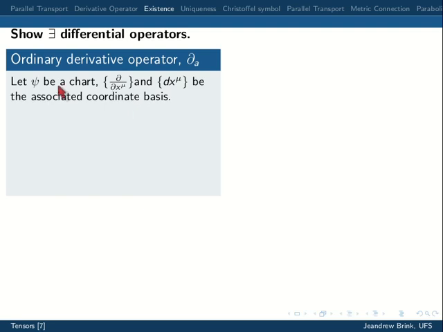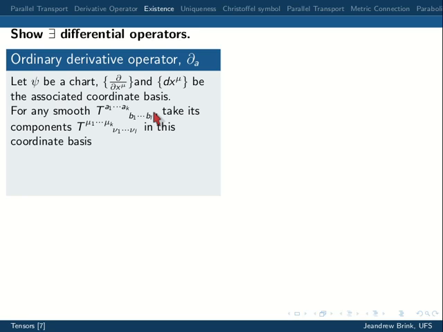Okay, so we have our chart, we have our associated coordinate basis, and if we have any smooth tensor, we're going to say, let me make another set of tensors, and the way I make it is I simply take the components of my tensor on the coordinate basis, and I work out their derivative.